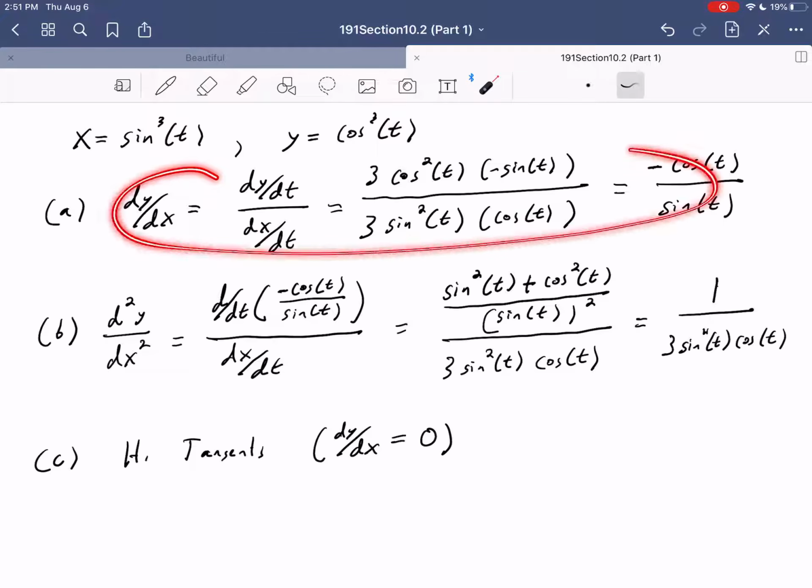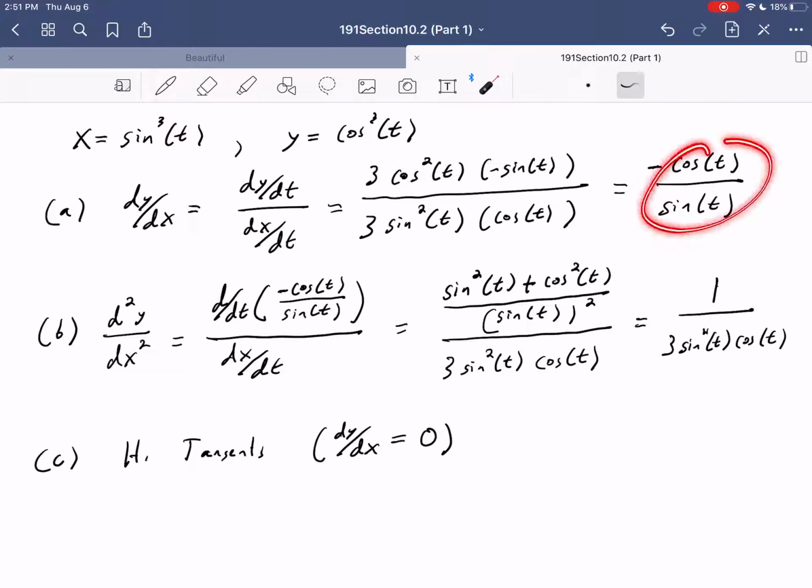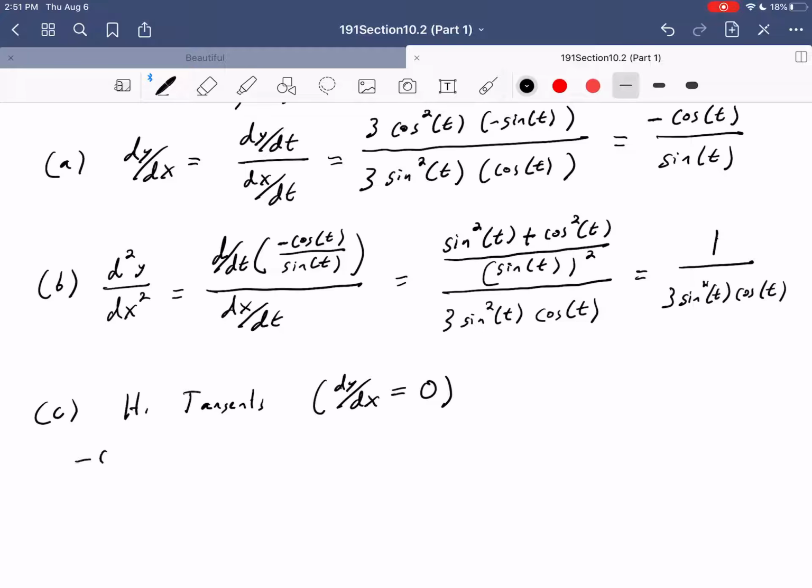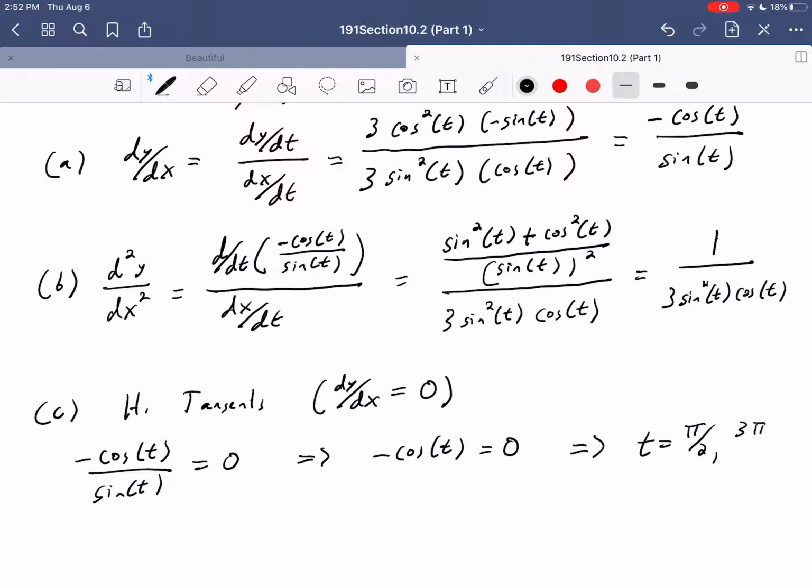If we have this expression for dy/dx, how is a fraction equal to 0? Well, the numerator would have to be equal to 0. So we'd have negative cosine t over sine of t equals 0, which would imply negative cosine of t equals 0, which would imply that this occurs at t equals pi over 2 and 3 pi over 2.